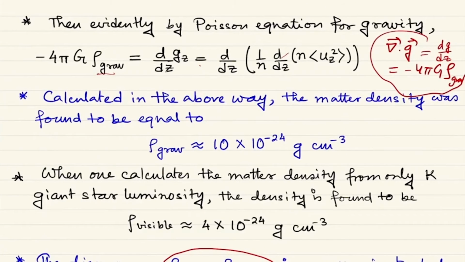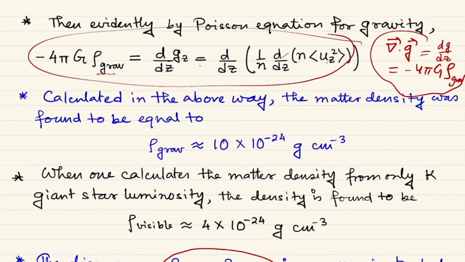So we write everything. We know the z dependence of n from our data, I mean, they do it by calibration. And we also know uz as a function of z from our data, and from that Wood did this. Nowadays we have much more sophisticated data of that, but at that time, even for K giant stars, they had very good data, and they calculated using this equation.